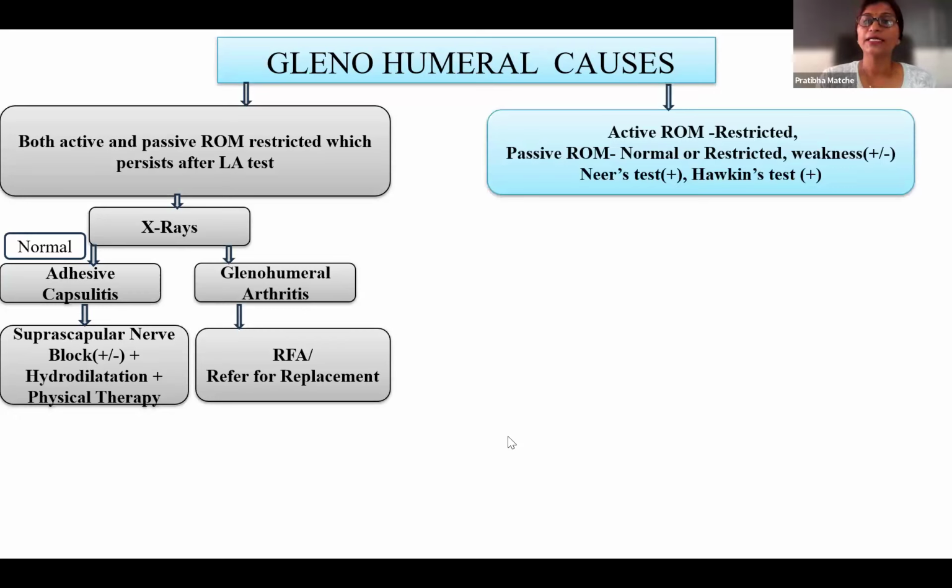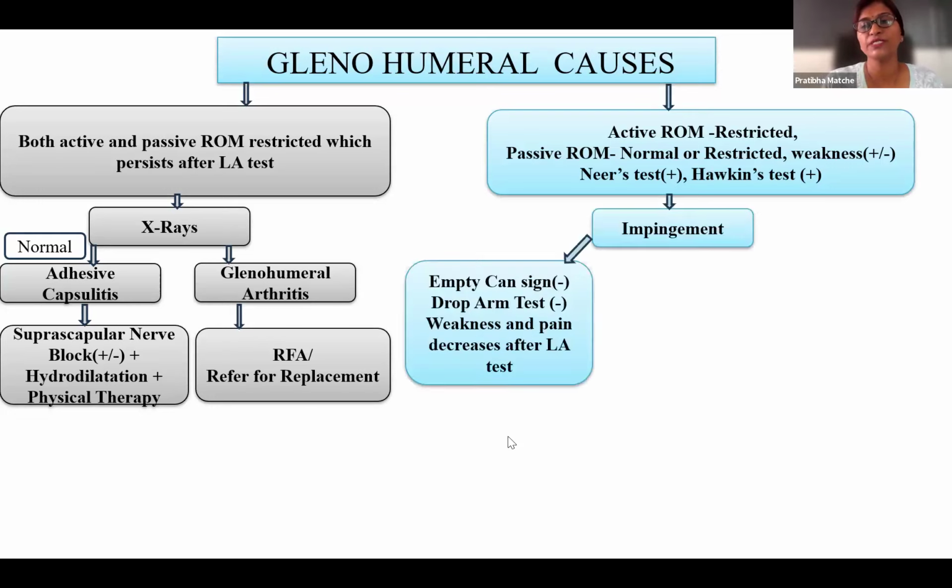Now, if the active range of movements are restricted, passive range of movements are normal or restricted, and weakness may or may not be present, but Neer's test and Hawkins test are positive, then it is suggestive of impingement. Now, empty can test is negative, drop arm test is negative, and weakness and pain both decrease after local anesthetic tests.